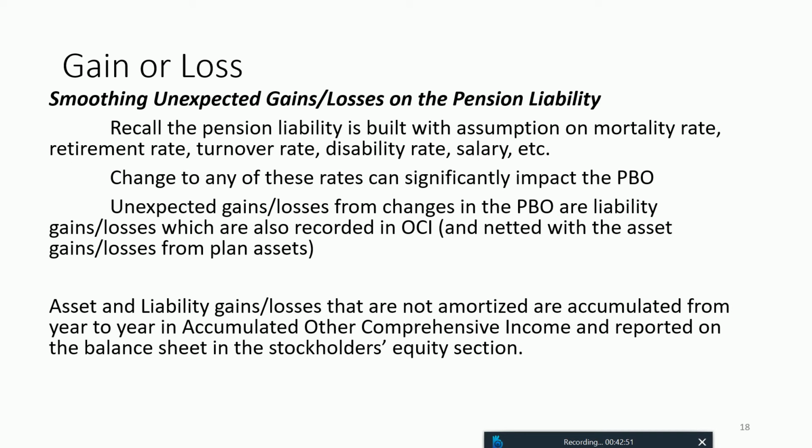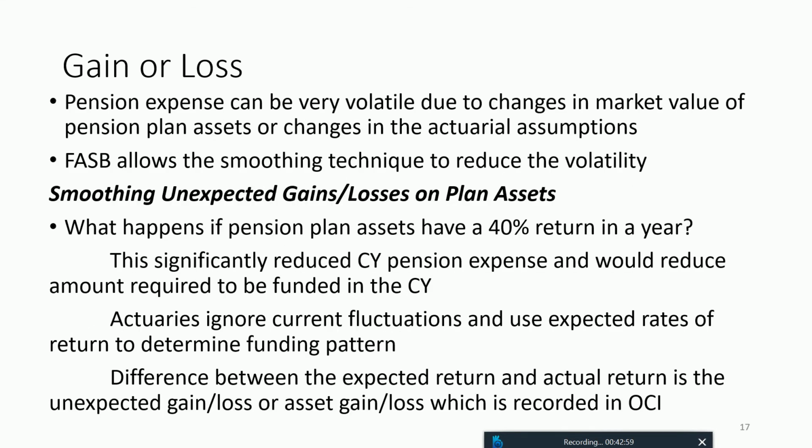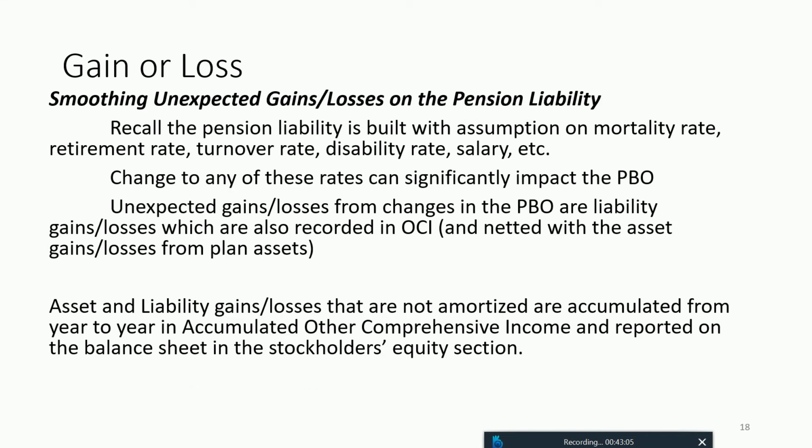There's also something that can happen with unexpected gains or losses on the pension liability. In our previous example, we went over the unexpected gains or losses on the plan assets, but we can also have unexpected gains and losses on the pension liability.